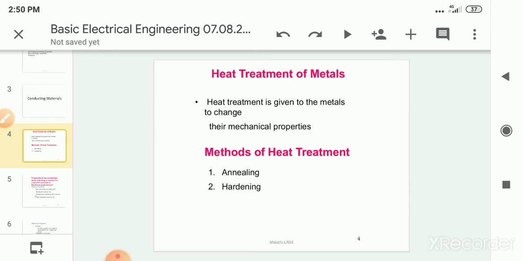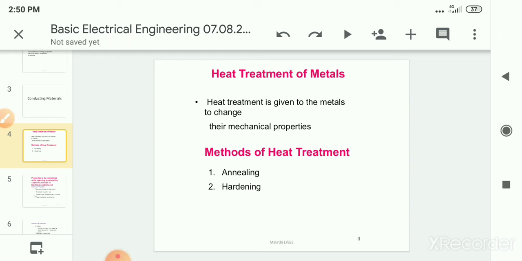If the material is cooled quickly, it becomes very hard, but also brittle. This means it is likely to break. So, in this process, what we are doing, the material is allowed to cool slowly.